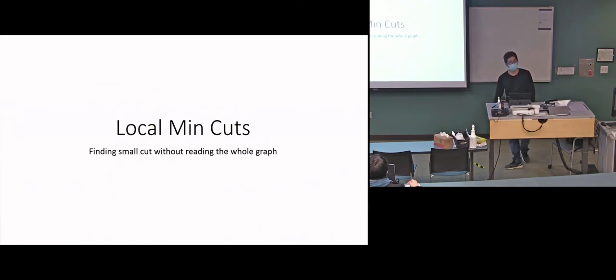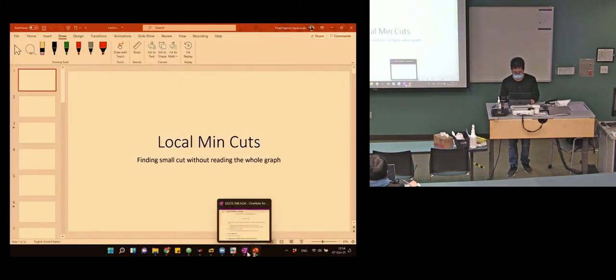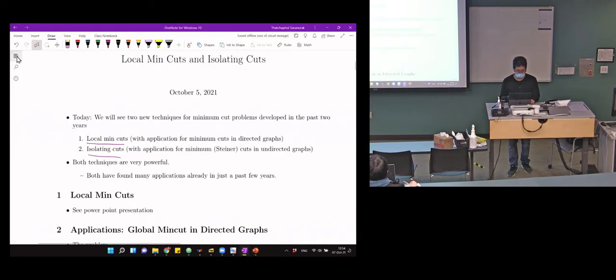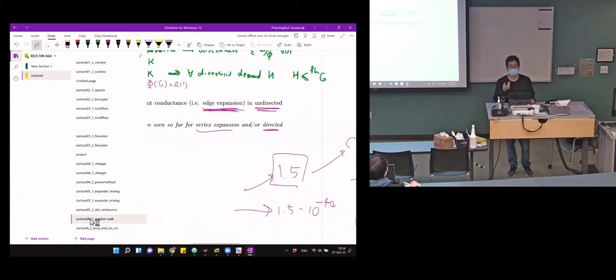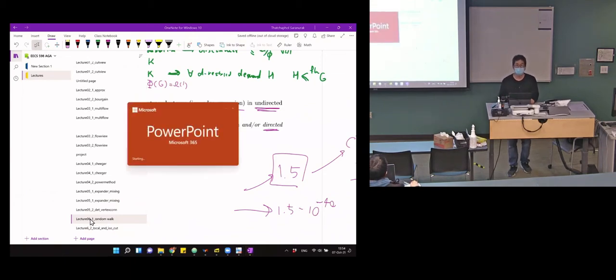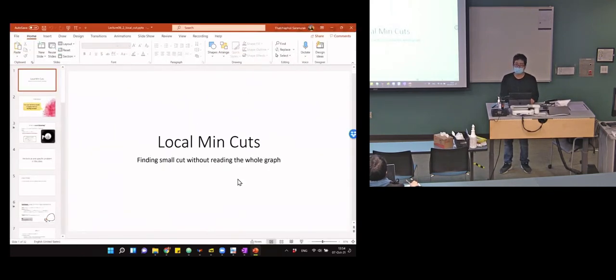By the way, is there anyone who didn't scribe yet? I actually forgot to ask who would like to scribe the previous one. You will. Okay, thanks a lot. And how about this one about local min cut?